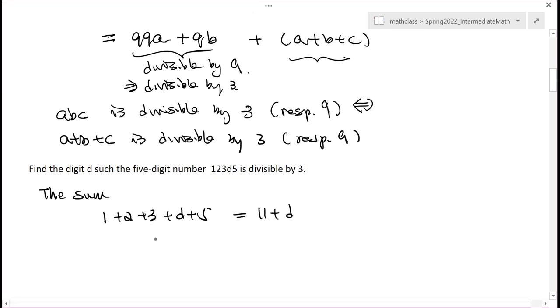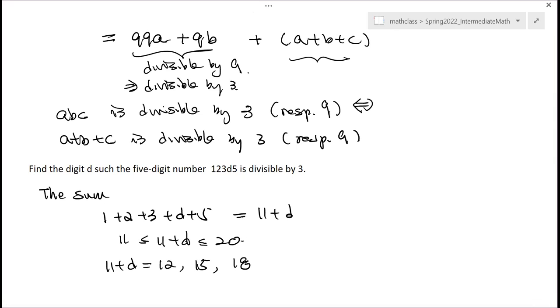So this number is between 11 and 20. How many integers between them are divisible by 3? So 11 plus D should be equal to 12, 15, and I think the next one is 18. So the integers between 11 and 20 that are divisible by 3 must be 12 or 15 or 18.